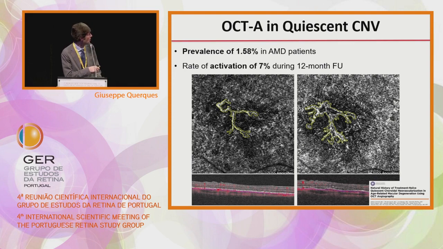As you can see here, only 7% of the included eyes in the study showed some exudation over a year of follow-up. And this is the prevalence in the overall AMD. So if you look at 100 cases of AMD with just drusen, you may have the chance to detect at least 1 case of quiescent CNV, or vascularized drusen.